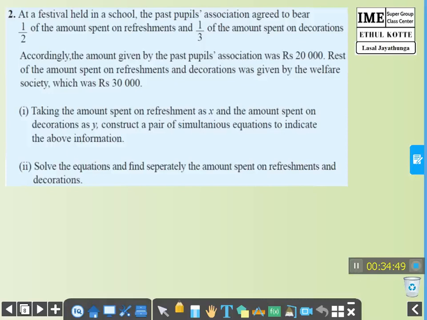One given statement type question. Right. Shall you read it and understand perfectly? At a festival held in a school, the past pupils' association agreed to bear half of the amount spent on refreshment and 1/3 of the amount spent on decoration. Right. So the past pupils gave these two amounts.